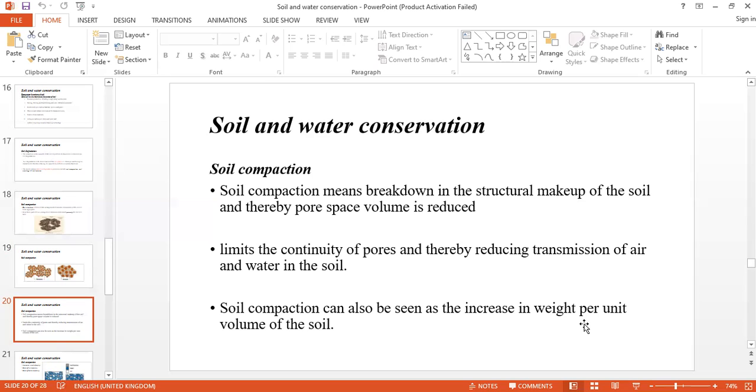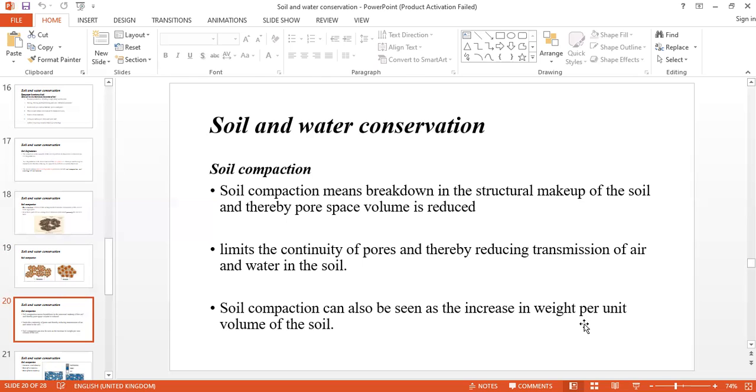We can see compaction this way: if you have a volume of soil with pore spaces, and then you compress it. If you have soil, for example, in a cup, then it has a good structure.